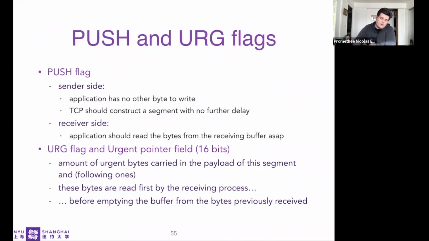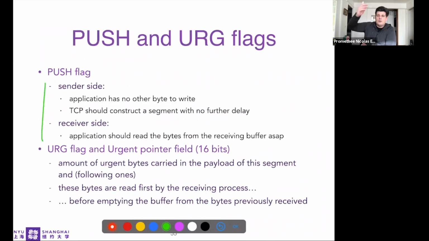So the push flag is something that's going to act on the sender side and the receiver side. What happens when we use the push? You may remember that TCP won't send the bytes if it doesn't have enough bytes for the MTU of the layer 2. We want to create a segment that will match perfectly the size of the frames.